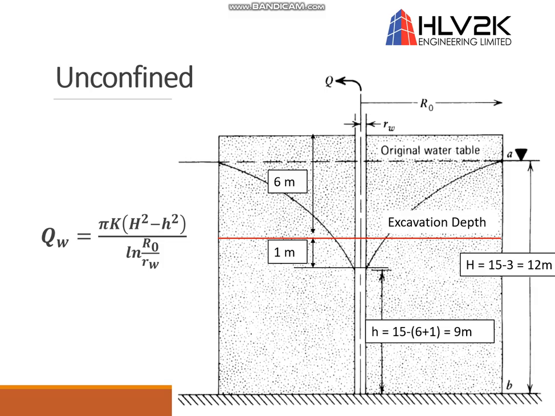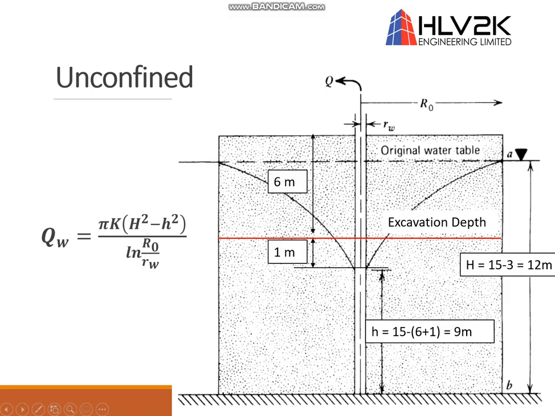Okay, from the assumption in the question, we know that it's an unconfined aquifer. The original water table elevation is 12 meters above bedrock or impervious layer.